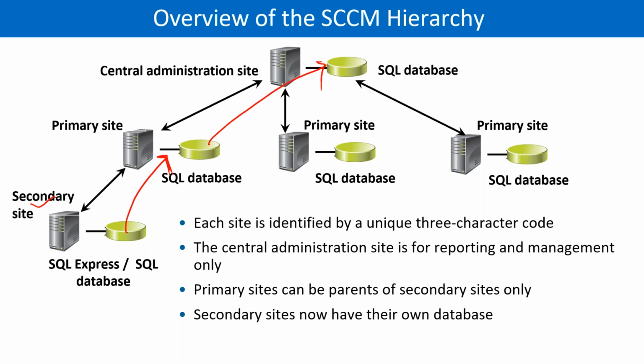So it is like from down to up that the data replication happens, so that the central is like a master database. It contains the information of all primary site devices.